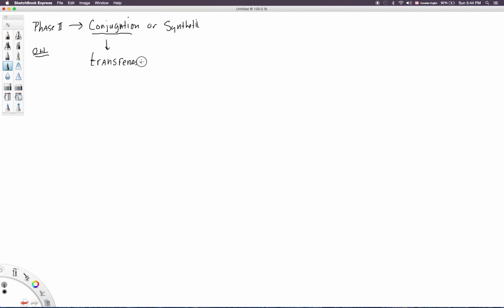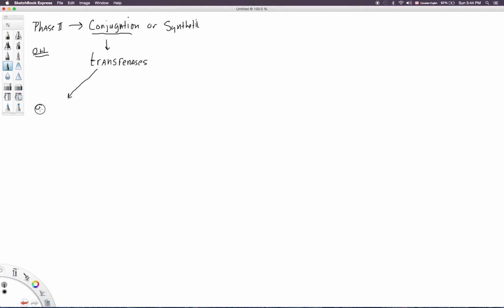Transferases catalyze these reactions. So I think it's important to talk about what the general types of reactions are that we deal with. So probably the most common and most relevant reaction from a toxicological standpoint is something known as glucuronidation.